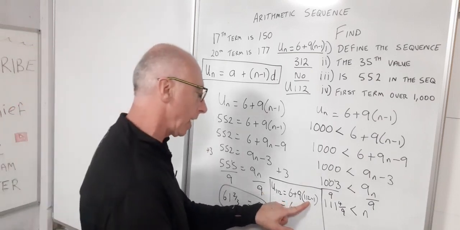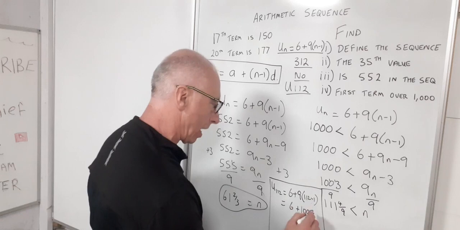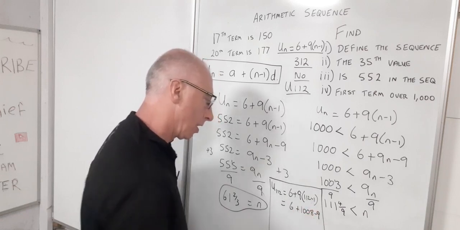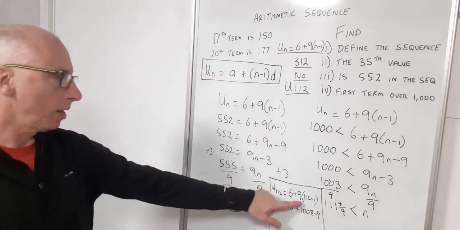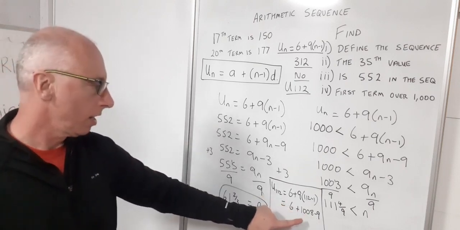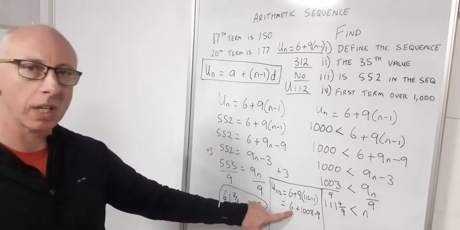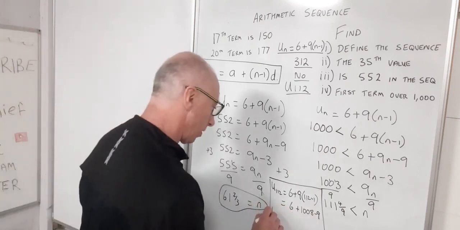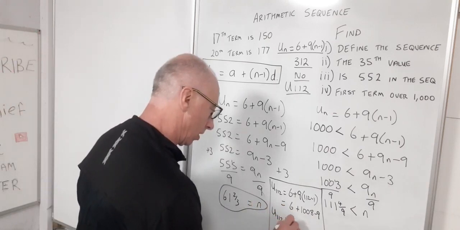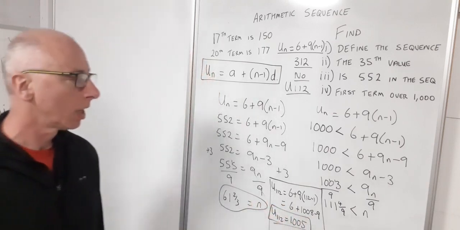So that's 1008. And then subtract 9. Okay, so 6 plus 1008 minus 9. So 1008 minus 9 is 999, plus 6 is 1005. And there we go, that's proof of our answer.